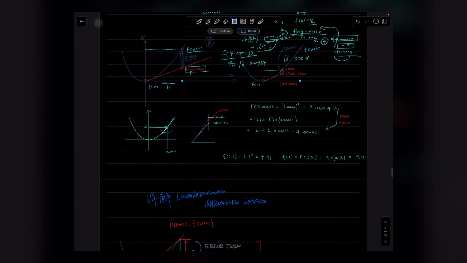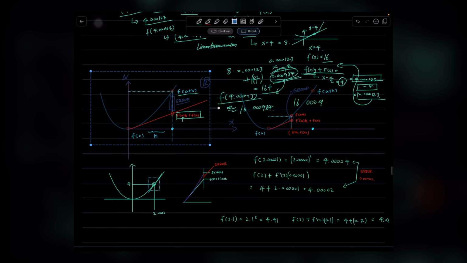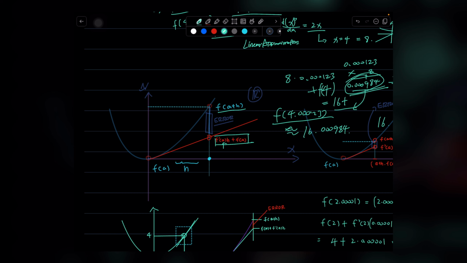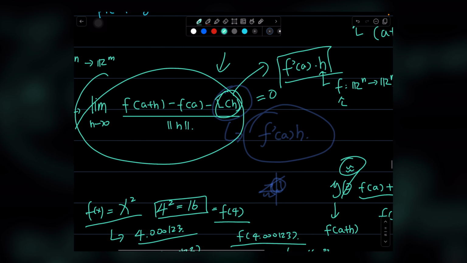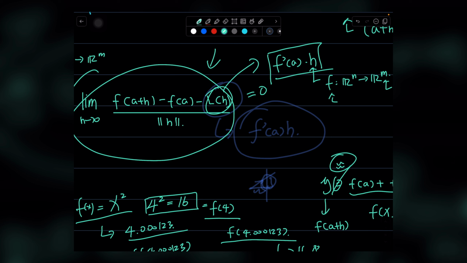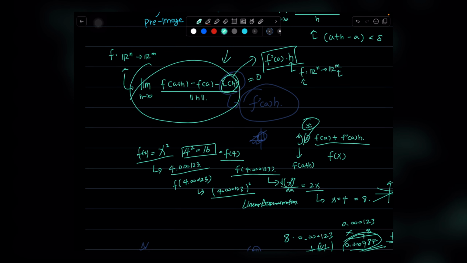So after all these calculations, let's go to the geometric view. In our definition, we already know that the limit of f(a+h) - f(a) - L(h) divided by the norm of h, when h is close enough to 0, approaches 0.